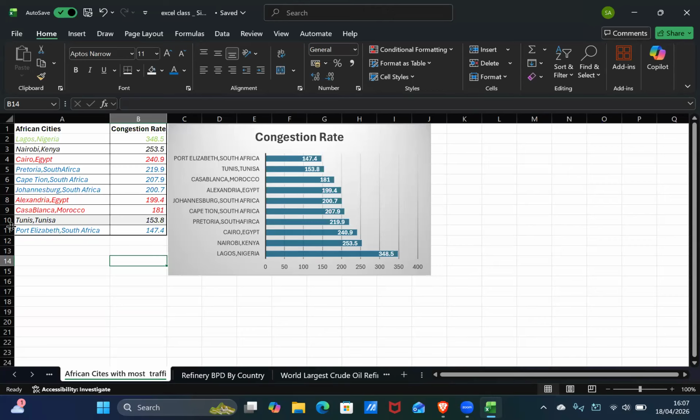The person doesn't like traffic, but they are curious. They want to satisfy their curiosity. So what other information do you think that person would need after seeing that Lagos has the highest congestion rate?